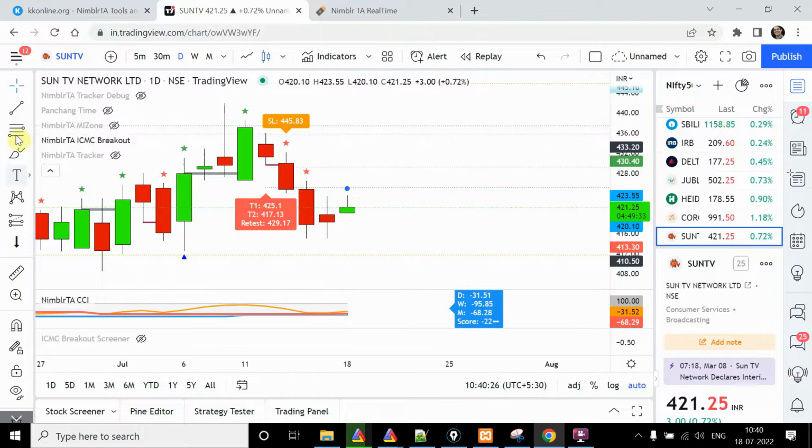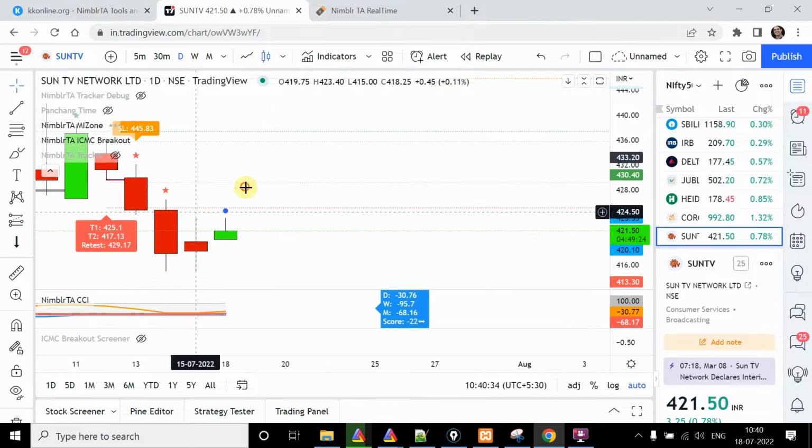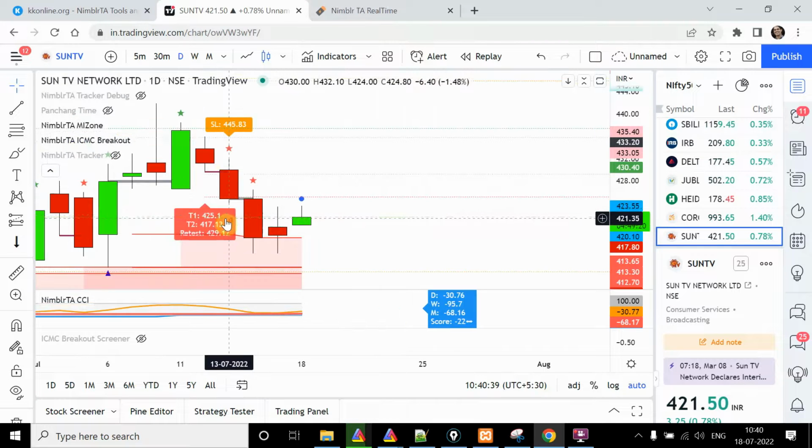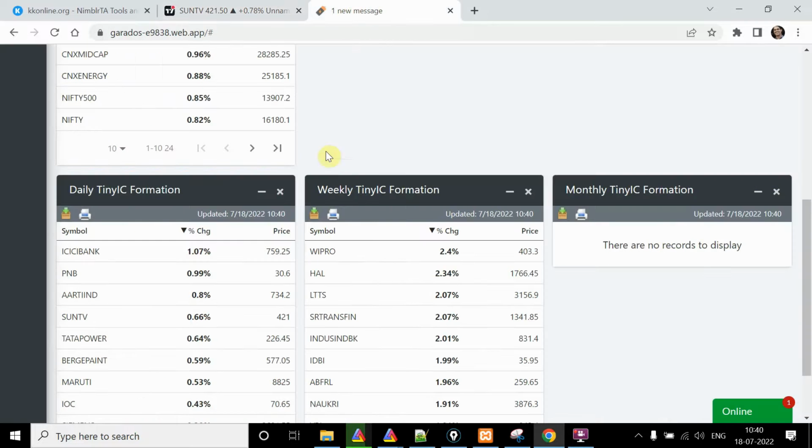So I could easily take a position upside and downside as per the NimblrTA guidance and trade accordingly. I also see that the candles are shunted over here. So crossing above this level of high of TinyIC, we can probably reach on the upside much easier until the point of this breakout which happened. That is how we would use it.